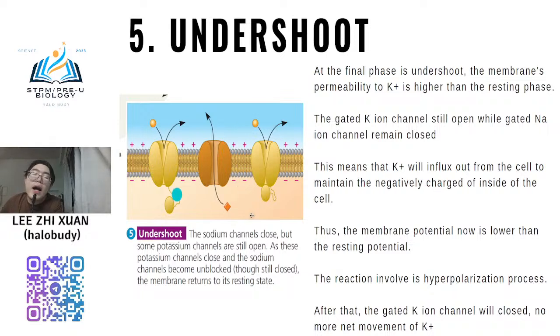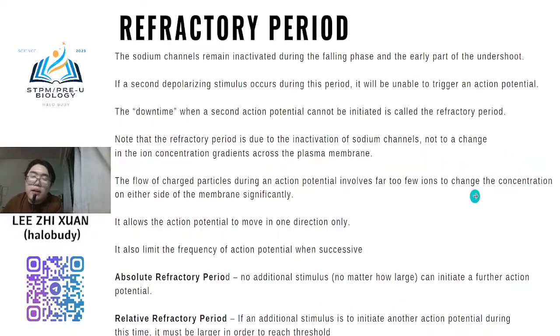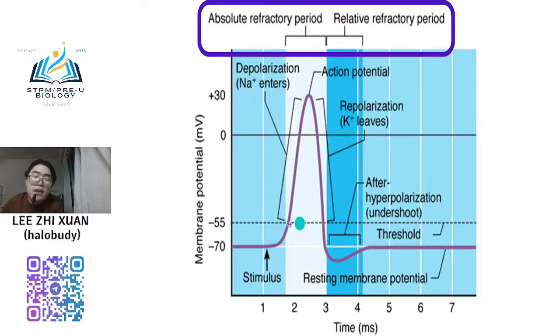Once the membrane potential inside the axon decreases until it reaches the resting potential, maybe it reaches here, then it will decrease again. This is what we call undershoot or hyperpolarization.